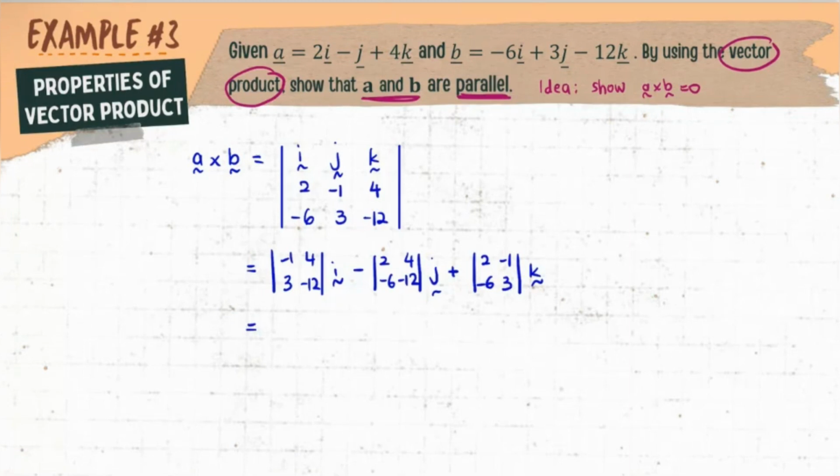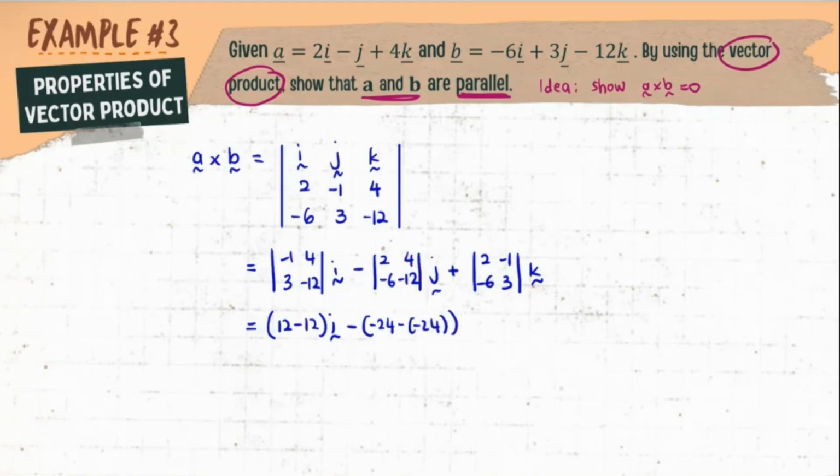And we perform the operation. So 12 minus 12I minus negative 24 minus negative 24. This one is 4J plus 6 minus 6K. Nampak tak? Sini kosong, sini kosong, sini kosong. And the result that we get is 0.